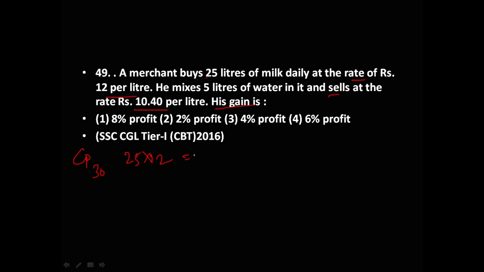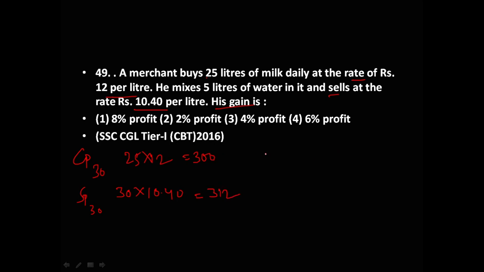It's 300. Clear? He mixes 5 liters of water in it and sells it at a rate of 10.40. So SP of 30, what will that be? It's 30 into 10.40. Clear? So 10.40 means it is 312.